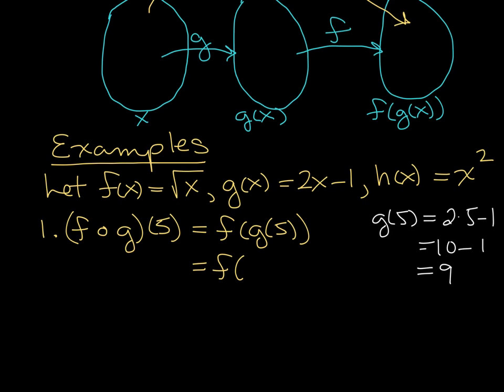So g of 5 is 9. And now we are applying f to 9. So what is the function f? f is the square root, so we have the square root of 9 here, which is 3.